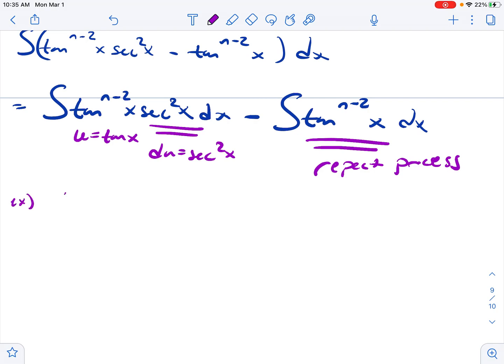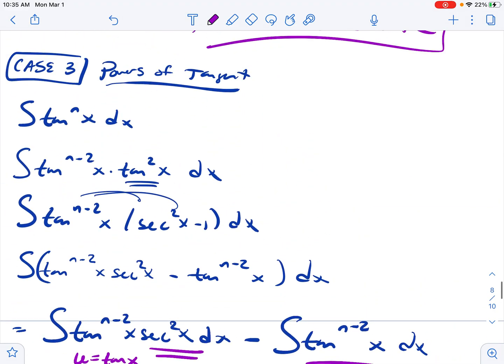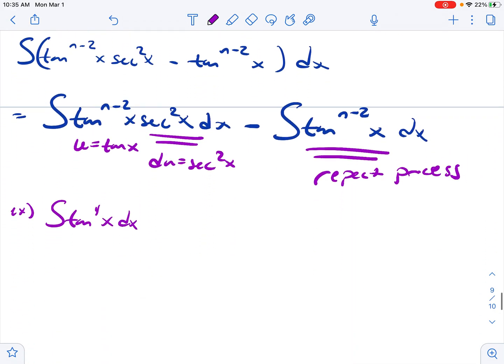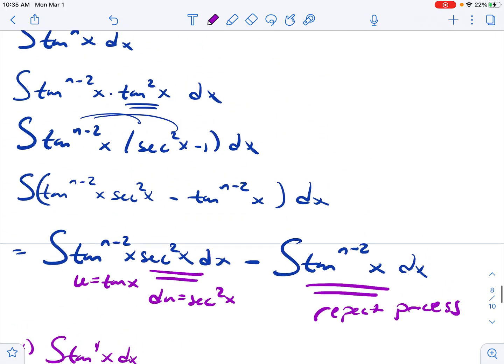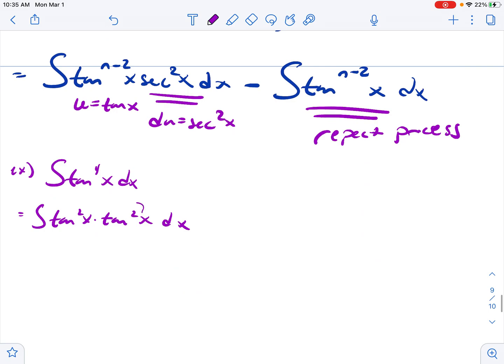So again, let's take a look at an example. Let's do the integral of tangent to the 4th power of x. We want to break that into tangent something times tangent squared. So in this case, this is just going to be tan squared x times tan squared x dx. Now we're going to take the second tan squared and we'll replace it with secant squared x minus 1.